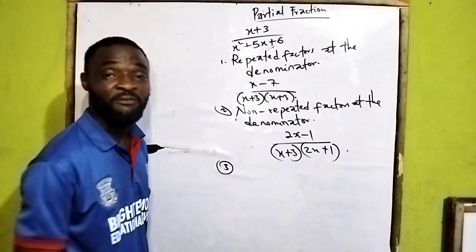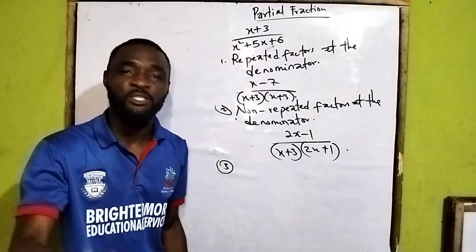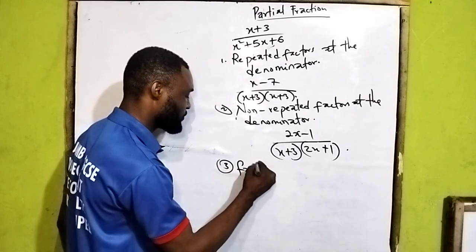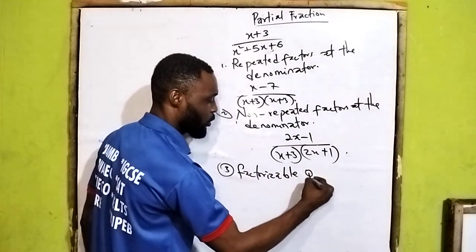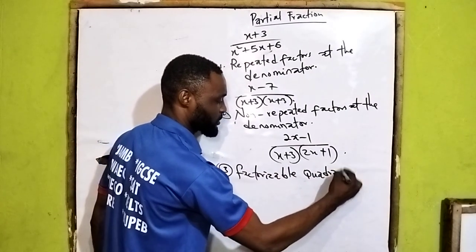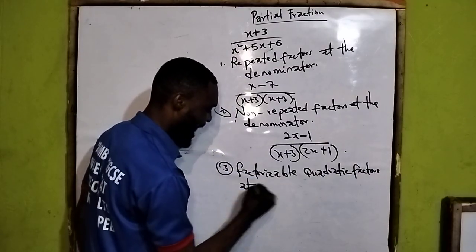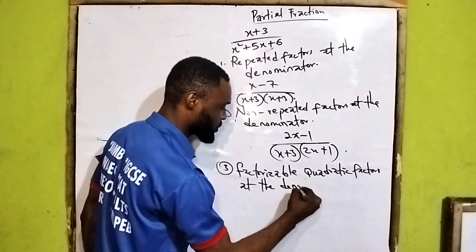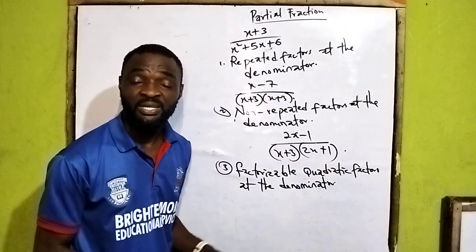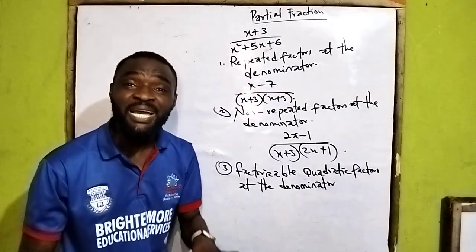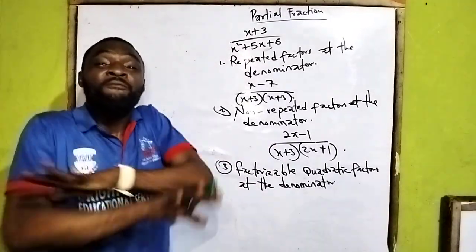Number 3, we have factorizable quadratic factors at the denominator. It means that the quadratic at the denominator is factorizable.